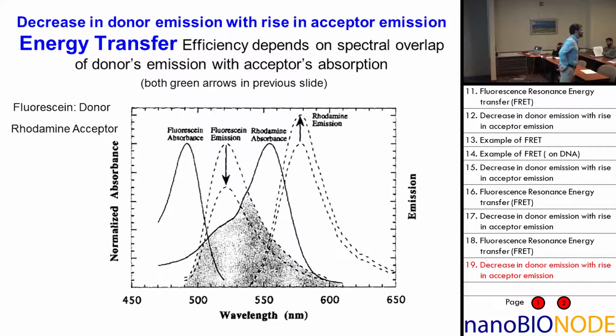Yes, Andrew. In addition to that, would it be possible for two molecules of the same sort to have FRET with each other? That's called homo-FRET, where you have a fluorescein donor and a fluorescein acceptor.